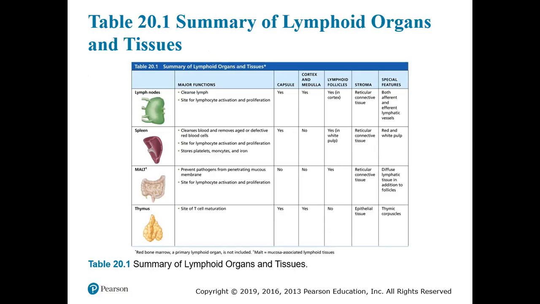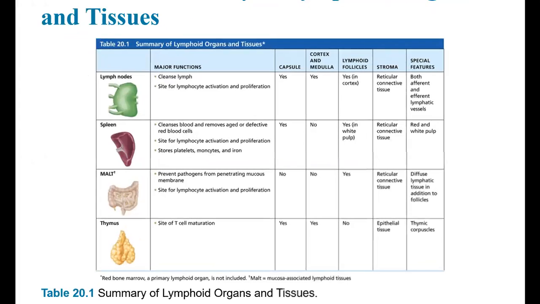This is a nice little chart that I like. It's a summary of our lymphoid organs, our lymphatic organs. So let's take a look at this. Remember, we covered lymph nodes in part 1. So what does this do? Lymph nodes. Well, remember, we have interstitial fluid.